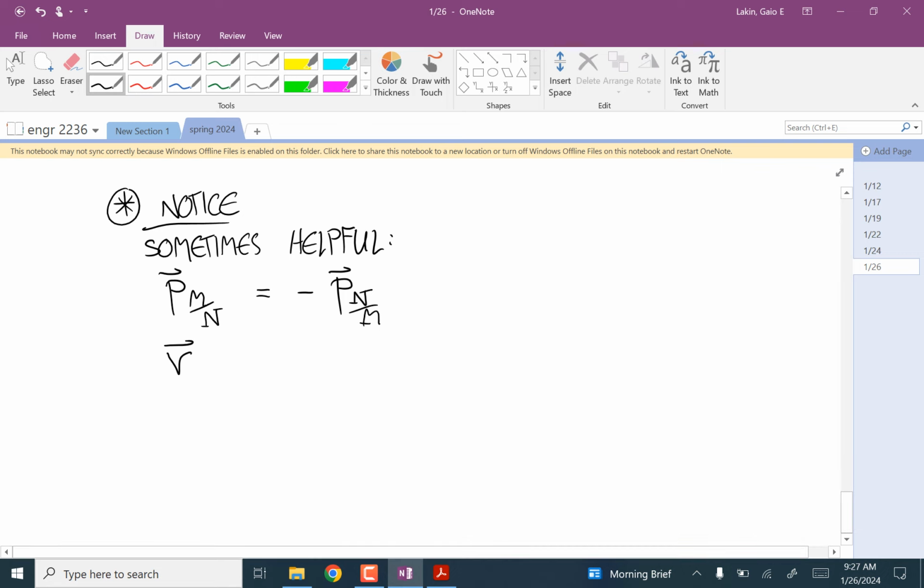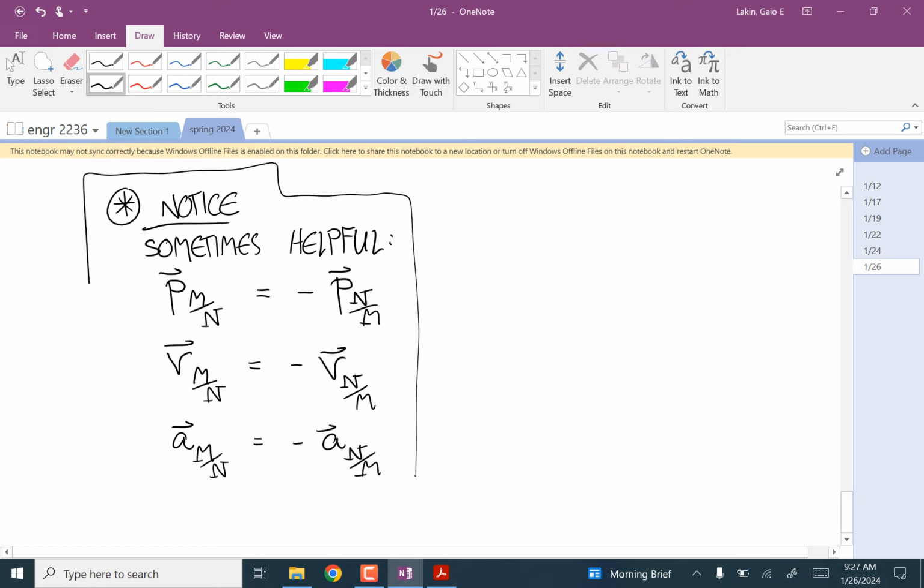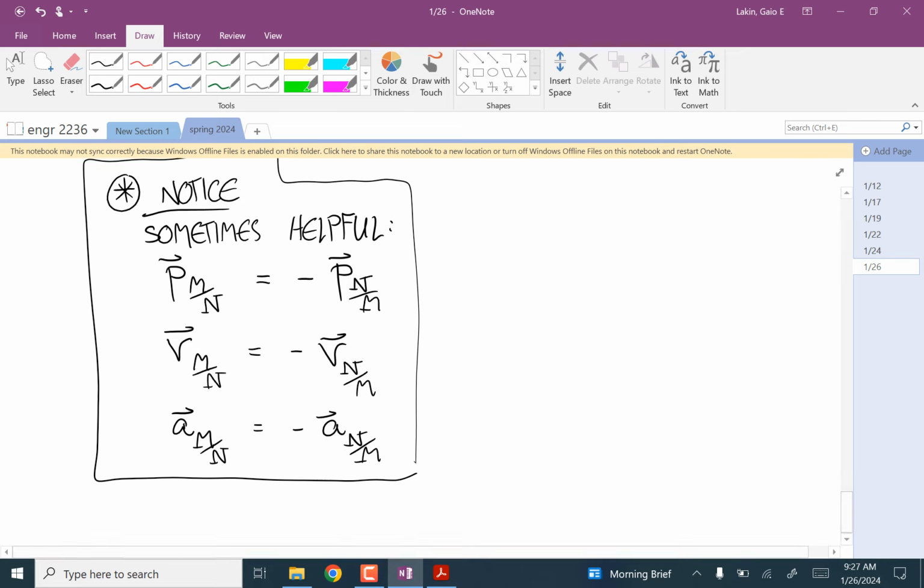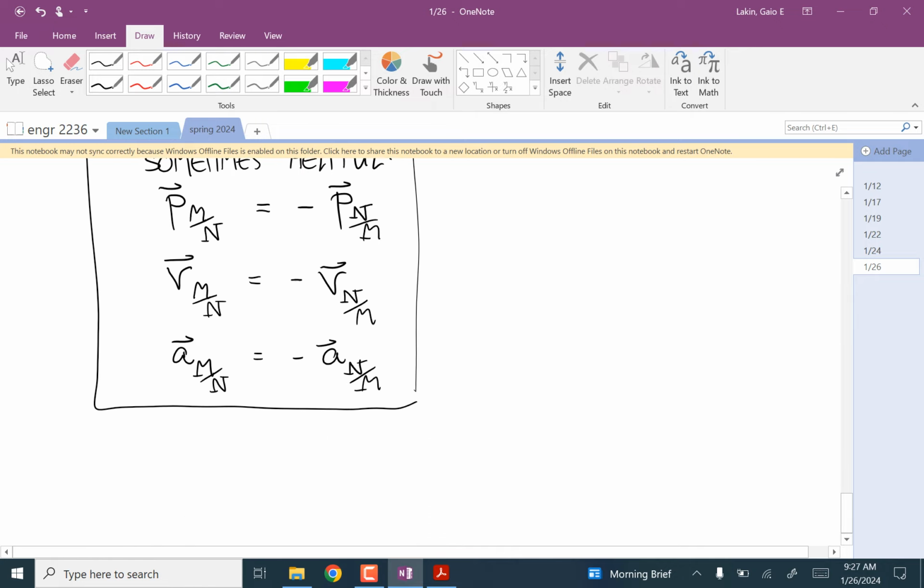So velocity of M relative to N is equal to negative velocity of N relative to M, and acceleration of M relative to N is negative acceleration of N relative to M. So for all of these, if you switch the subscripts, you switch the signs.